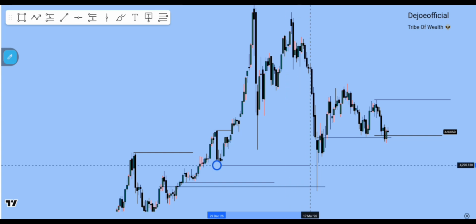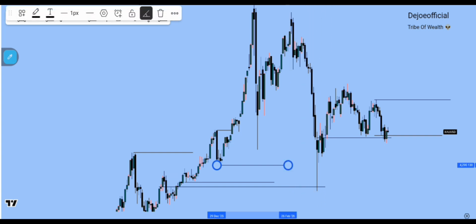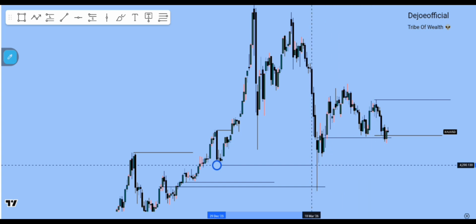Here is more like a sweep. Assuming it closed with a body candle, I'd consider it bearish now, but it didn't break. It just swept with a wick.